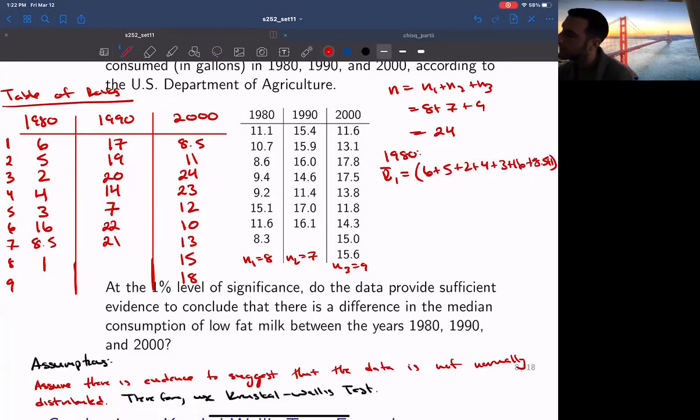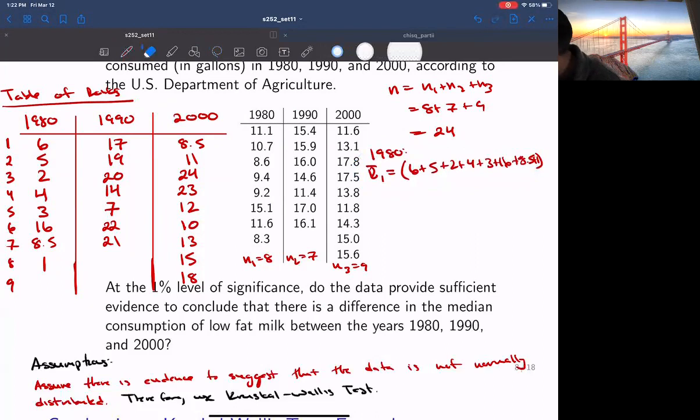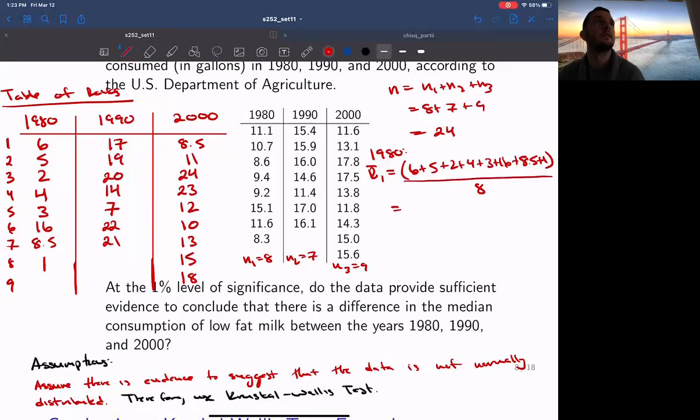Sorry, just ran out of room. Plus 8.5 plus 1 divided by 8. Okay, so that gives us 5.688. For 1990, it's the same idea.